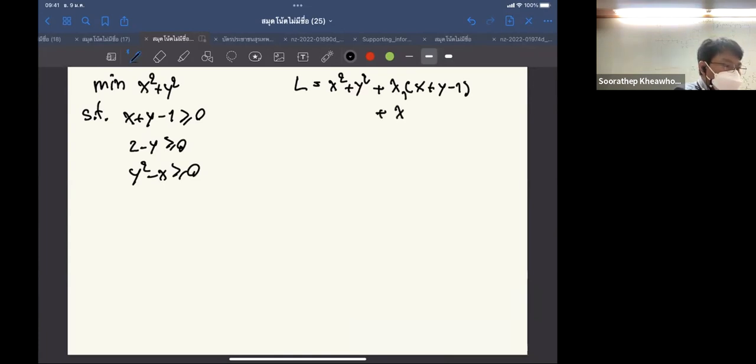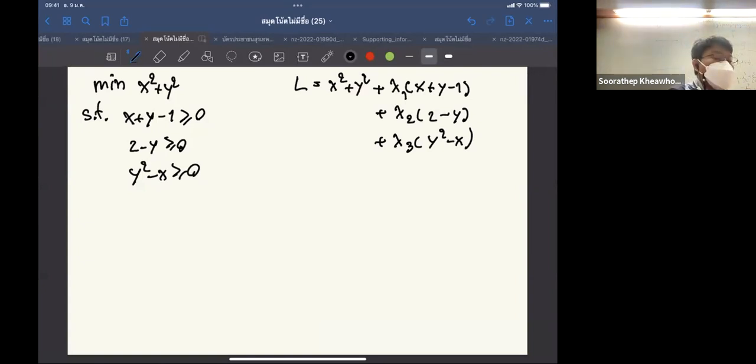It can actually be any other variable. But if we write it this way, that means we force every constraint to be active. But it's not true, because we don't know whether it's active or not.